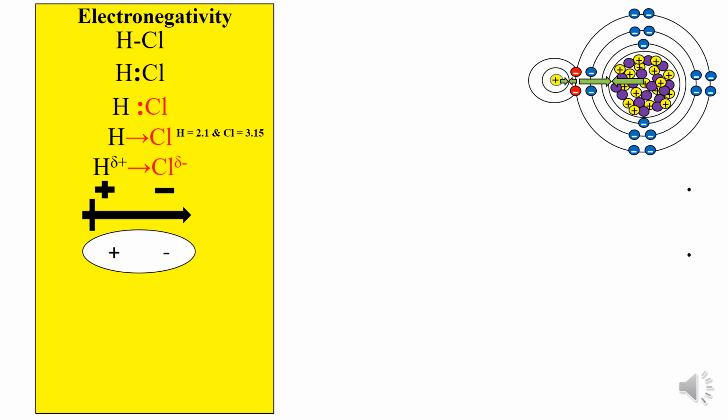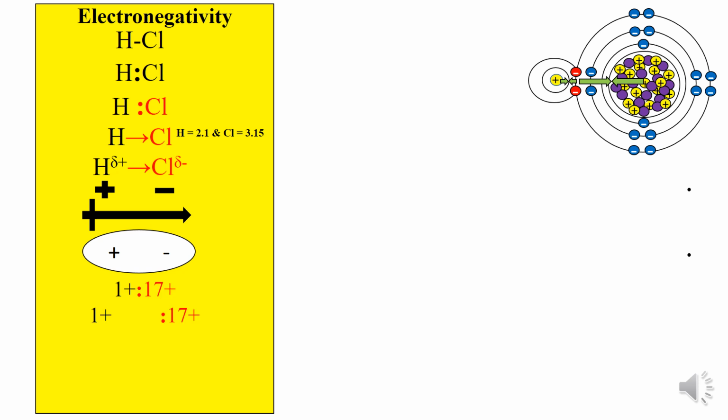Chlorine has 17 positively charged protons in its nucleus, while hydrogen has only one proton in its nucleus. So the attraction of the 17 positively charged protons of chlorine towards the shared pair of bonding valence electrons is greater than the attraction of the only proton towards the shared pair of bonding valence electrons.